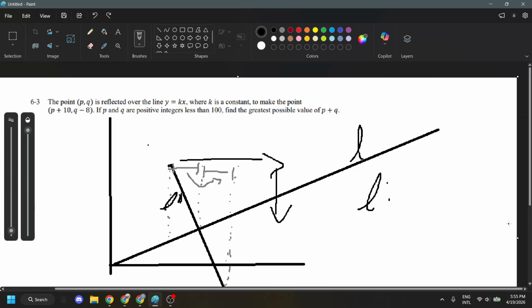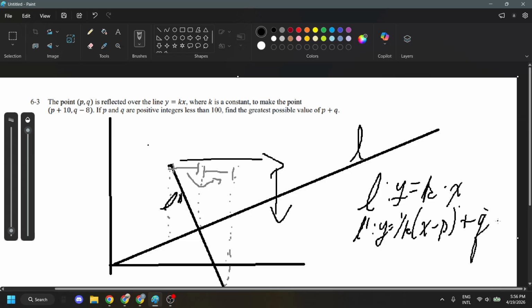L is y is equal to k times x. Oh, we don't know. We're trying to find the intersection point. Oh no, I guess we could use this point here. Line L prime is y is equal to 1 over k times x minus p plus q.